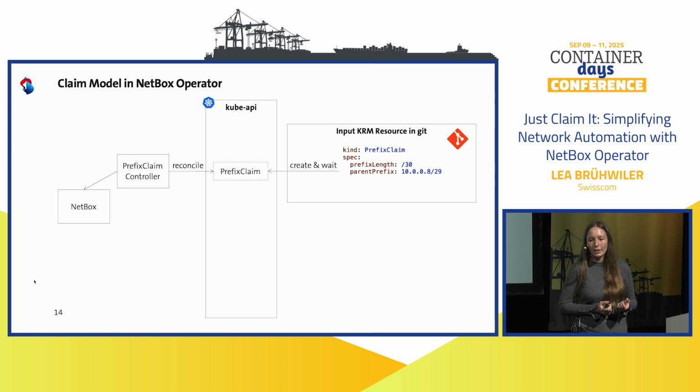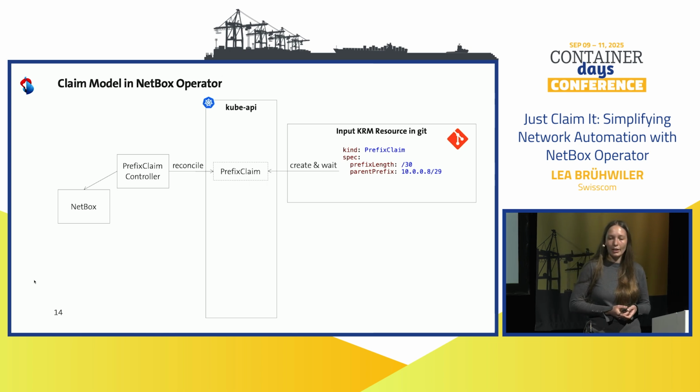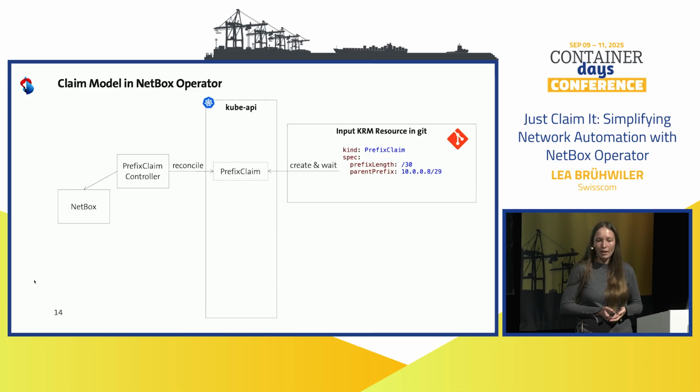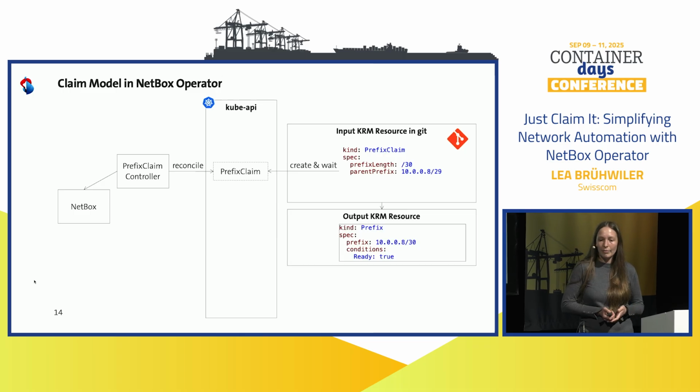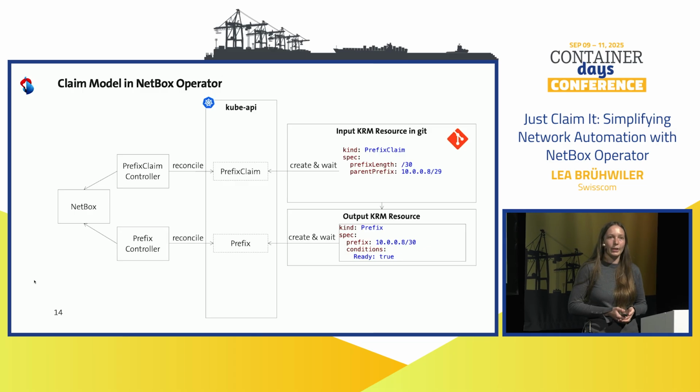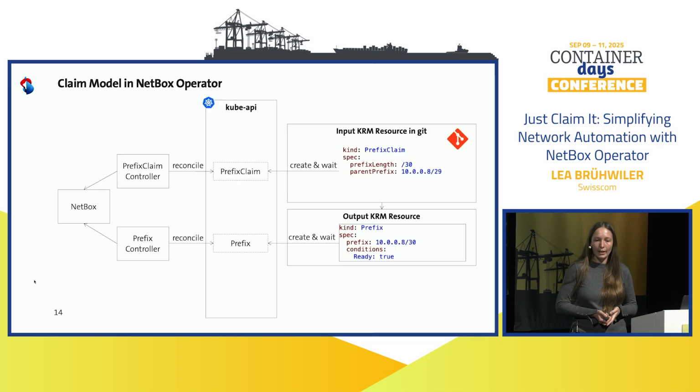So here it claims it from a specific parent prefix, and it wants to get a prefix with prefix length 30. Then once it found a prefix that matches these conditions, it will create a prefix custom resource that will be reconciled by the prefix controller. This means that the prefix will actually be created or updated in the NetBox backend.